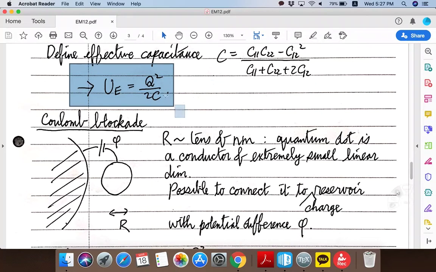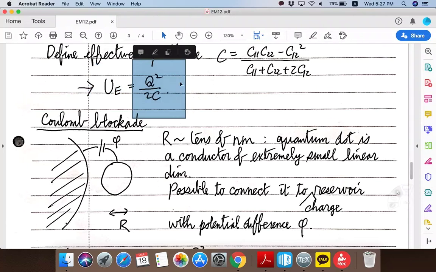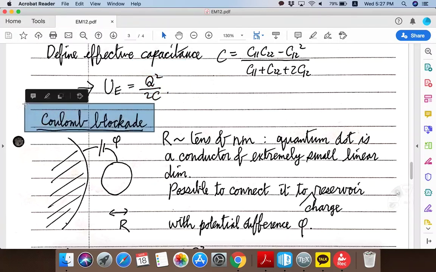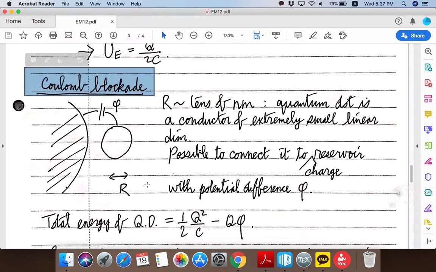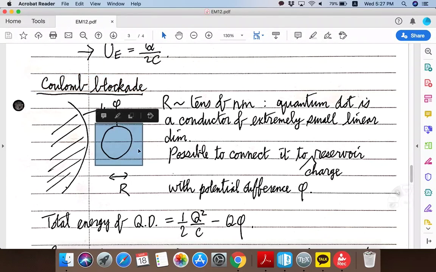Okay, since now we have obtained this pretty nice looking expression, I would rather spend some time talking about an interesting application of this formula. And that's something called the Coulomb blockade. In order to explain the Coulomb blockade, I first must explain what a quantum dot is. So a quantum dot is basically nothing but a small conductor.